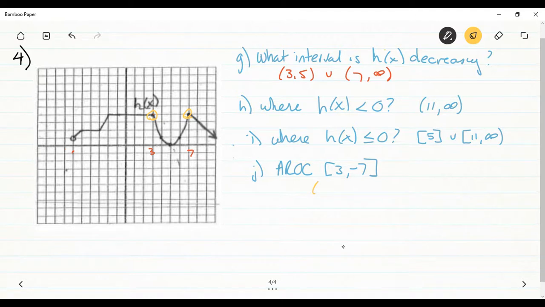So our coordinate (3, 4), and our positive coordinate (7, 4). Average rate of change, subtract our y's over our x's, and we get 0 over 4, which means that our average rate of change is 0.